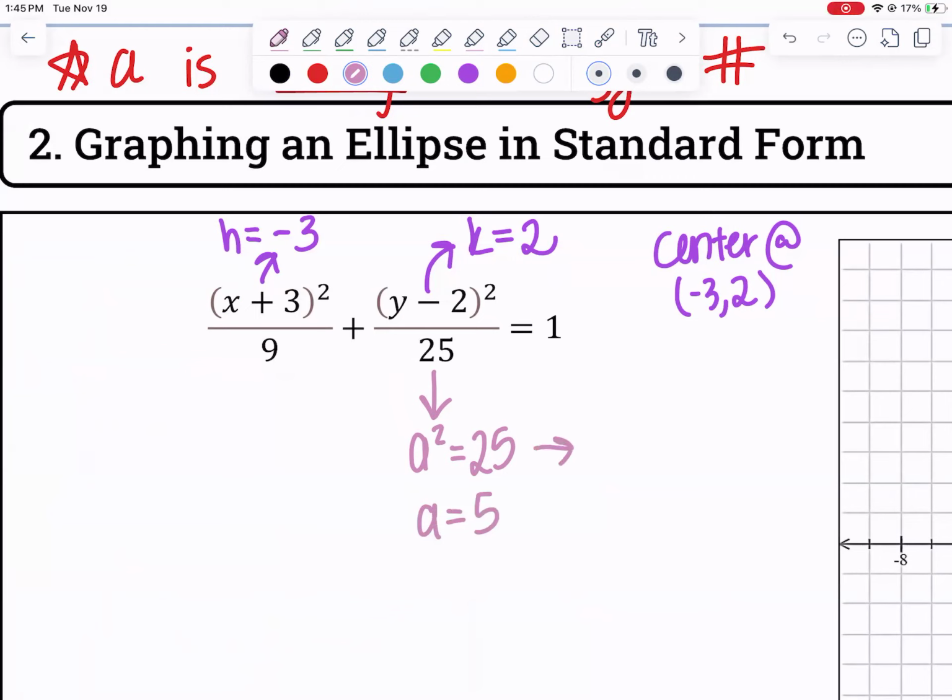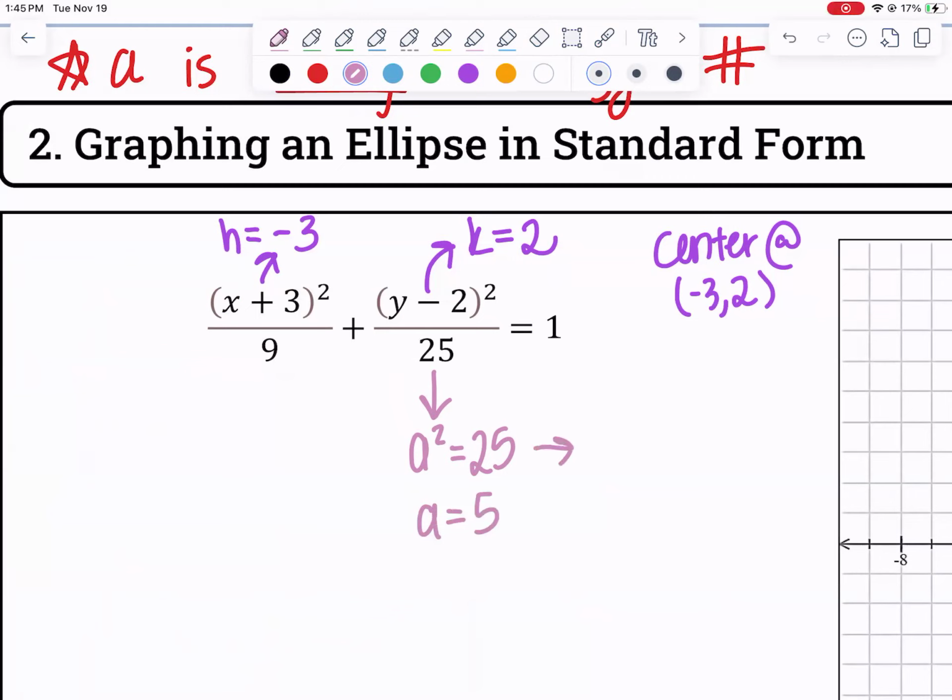And if that was your intuition, please become a math major because you have that right math major mentality, and there's a lot you can do with math. That being said, A is a distance for us, and we're not going to deal with negative distances. So A for us is going to be +5, and we don't even have to worry about that plus or minus business. The other number, 9, is going to be b squared. So b squared is 9, taking the square root on both sides, B is 3.